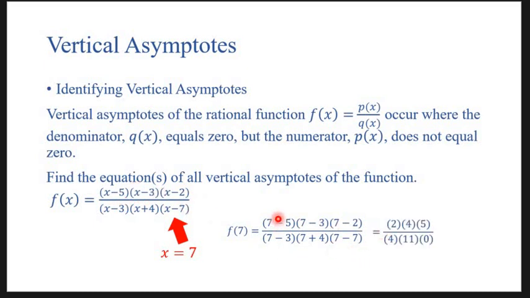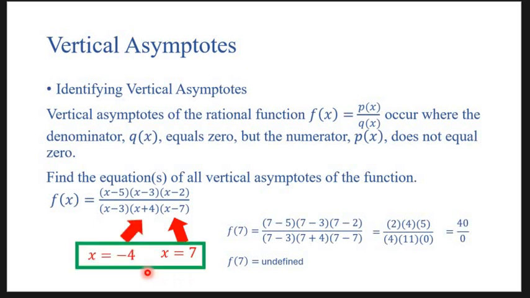Everything else just gives me a specific number. 7 minus 5 is 2, 7 minus 3 is 4, and so forth. But 7 minus 7 gives me exactly 0. And that means I get on top 40, but on the bottom, because there's a 0, I get 0. Once again, this is undefined. And because it's undefined, I now have both vertical asymptotes, x equals negative 4 and x equals 7.